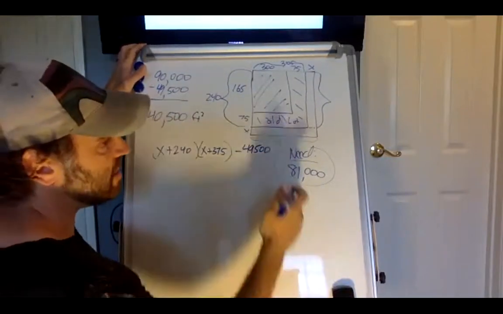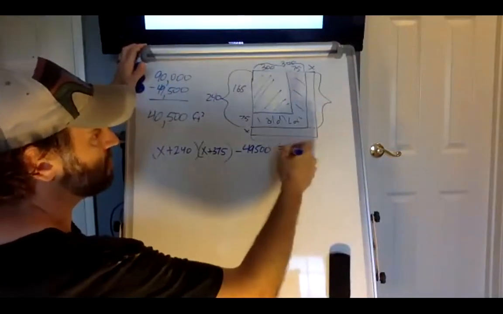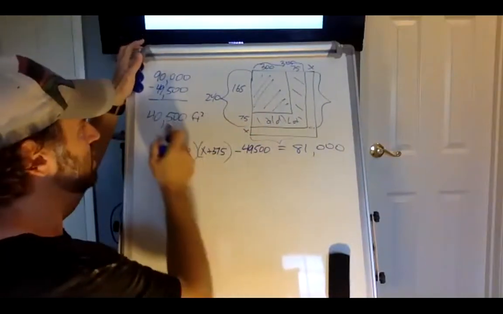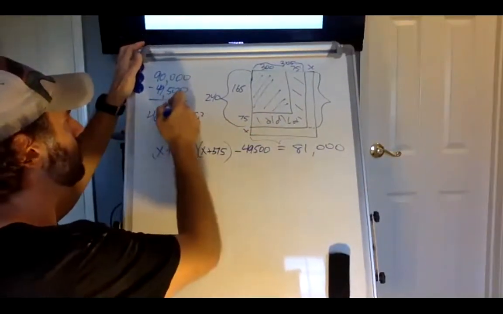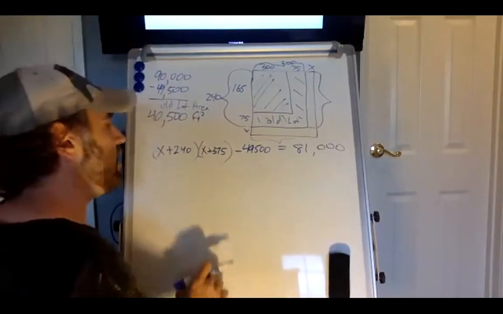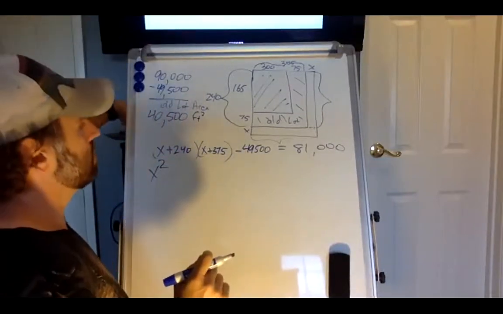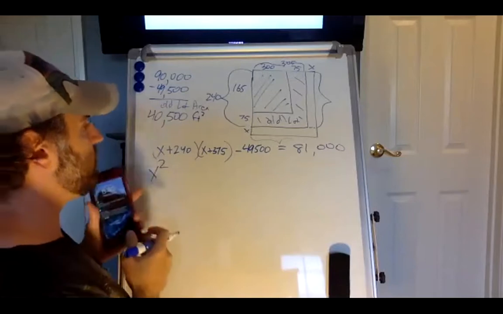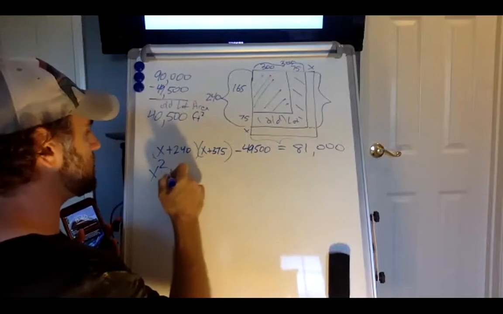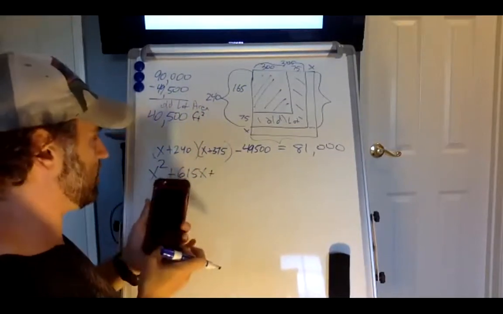And that has to equal 81,000, the new area of the parking lot, which is double the old lot area. Okay, so now we can get started. I have x squared. I have 240x and 375x, which is 615x. And then I have to multiply 240 and 375.